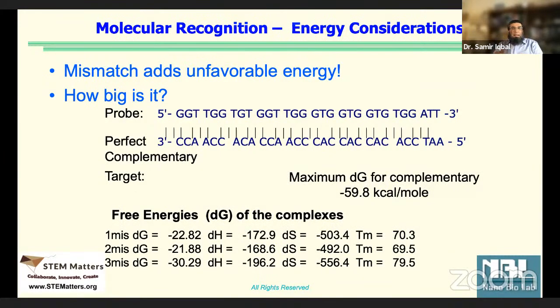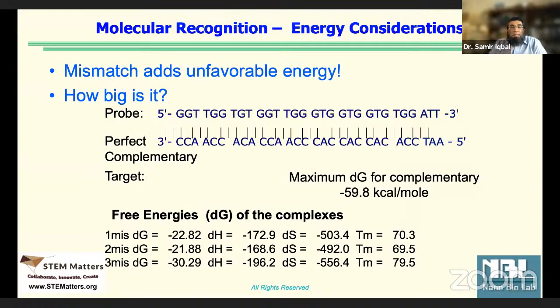If you look up, there are websites where you can lay out your sequences and they calculate those numbers for you. Here what we are looking at as dG is delta G, the free energy. It's negative, which means the binding brings the energy down.